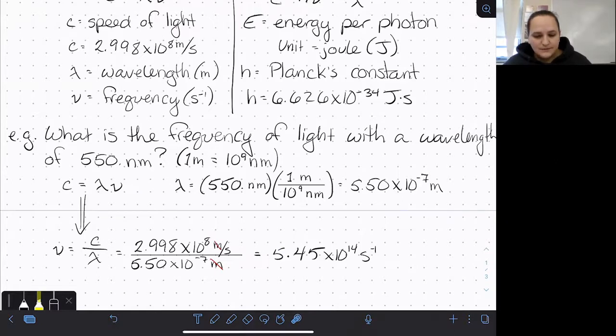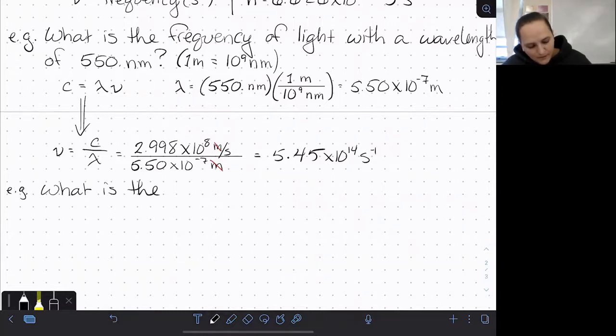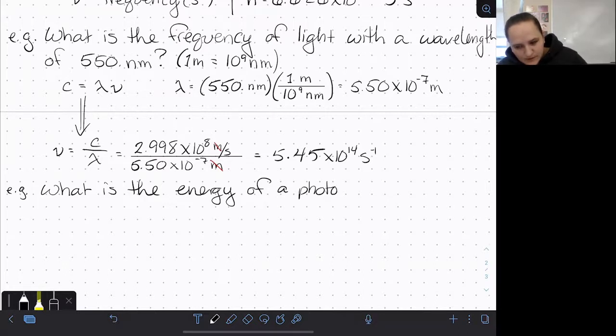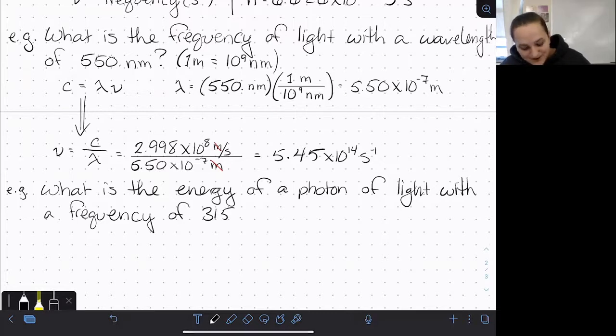So let's do one more. What is the energy of a photon of light with a frequency of 315 megahertz?